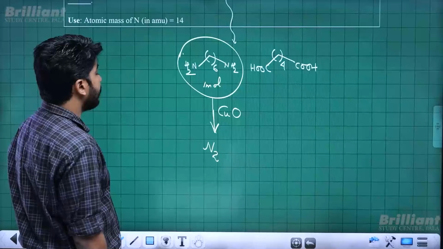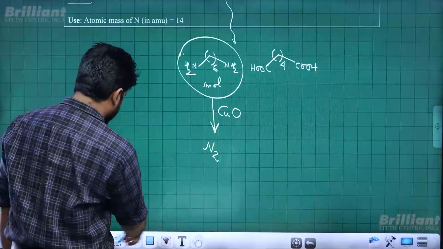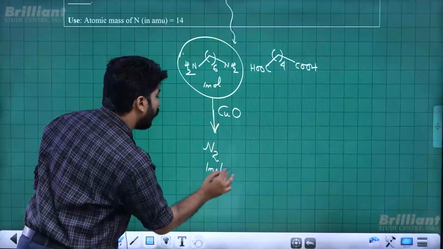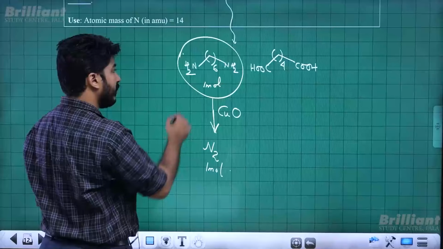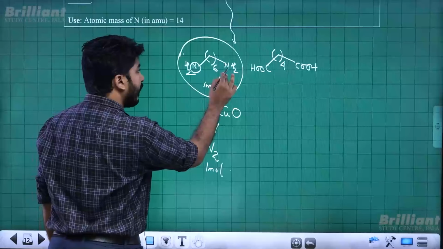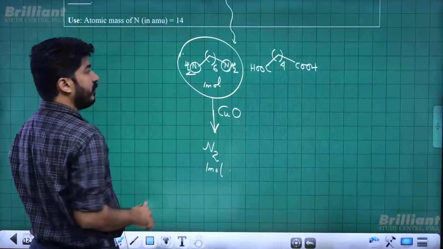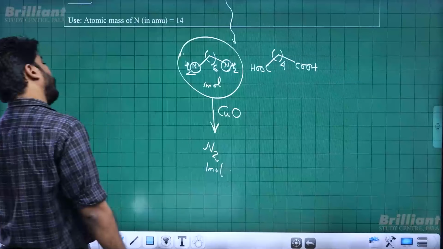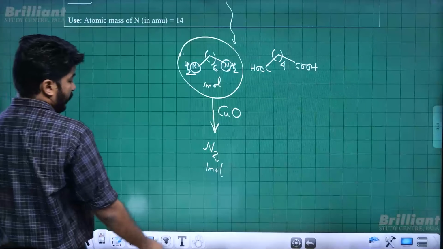Here, 1 mole of N2 is obtained from 1 mole of hexamethylene diamine, because one molecule of hexamethylene diamine as well as nitrogen gas both have the same number of nitrogen atoms. So 1 mole is giving 1 mole of N2.